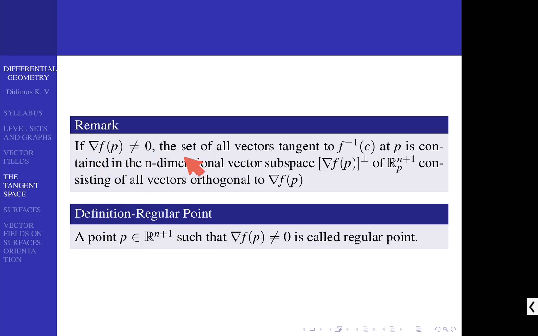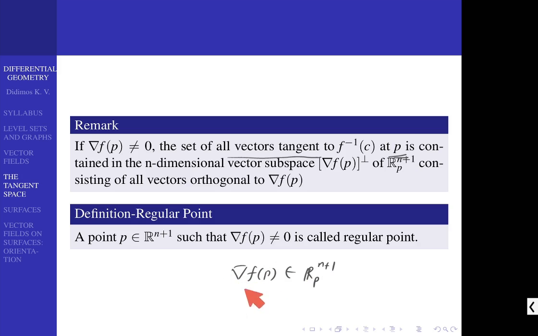If del f p is not equal to 0, the set of all tangent vectors to f inverse c at the point p is contained in the n-dimensional vector space del f of p perp in R^(n+1), consisting of all vectors orthogonal to del f p.